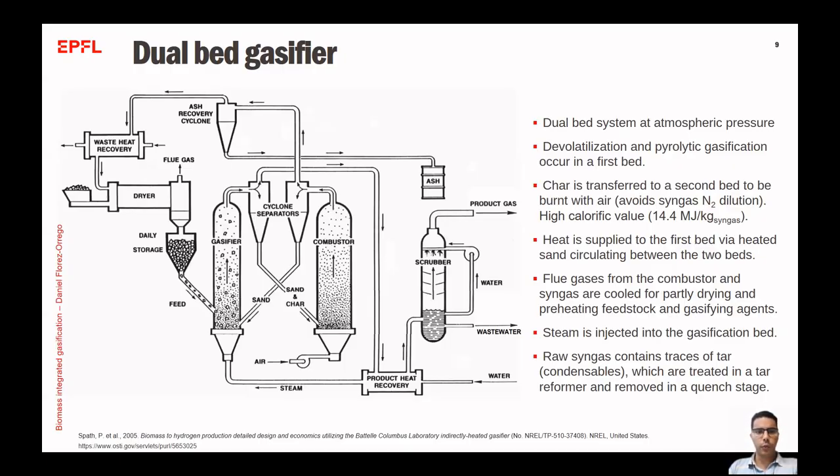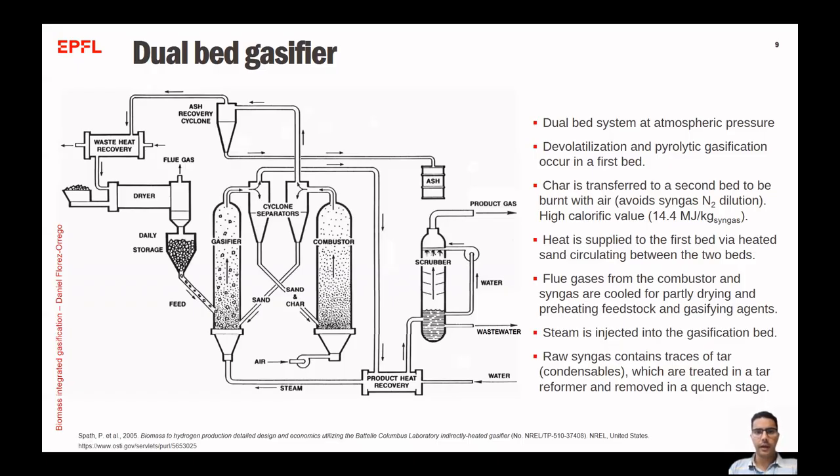Then in the combustor, we can separate the two particulates, the ones that are basically lighter and the ones that are heavier, like the sand, that goes back to give back the heat to the gasifier column. You can also see that the ashes can be collected and then they can be landfilled or repurposed.